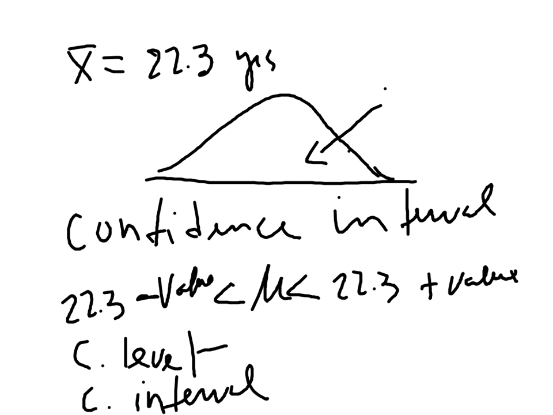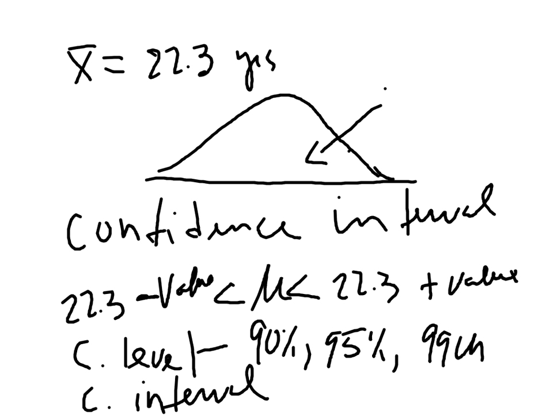That is normally a probability, and we normally say I want to be 90% confident, in this case, that the true mean age of the students falls between this number and this number, or I want to be 95% confident that the true mean age of the college students falls between these two values, ages, in years, or I want to be 99% confident.